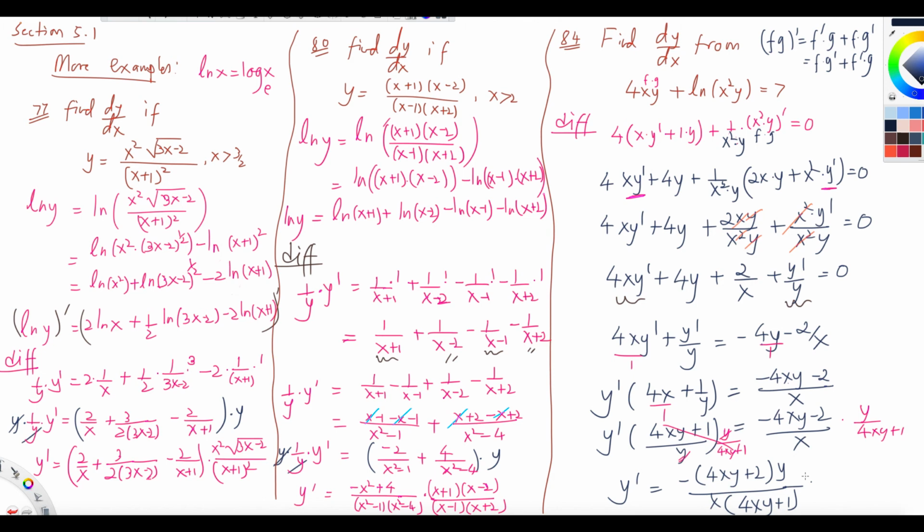So again, sometimes when you do the online homework in the website, if you enter like negative 4xy plus 2 times y over that, it may accept the answer. But if you enter like negative 4xy minus 2 times y over that, that is still right, but it may take it as wrong.